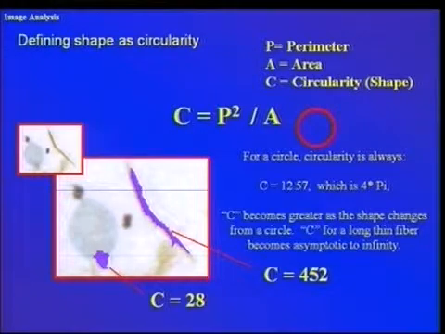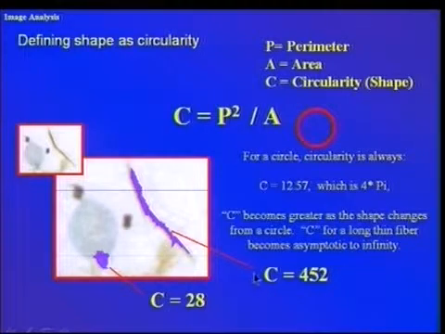Fortunately for us in the paper industry, residual ink and dirt is mostly roundish. It is very close to a circle in most cases. You can see that there is one speck that has been calculated at a circularity of 28. This is typical. Roundness, in my judgment, goes from 12.57 up to about 40.